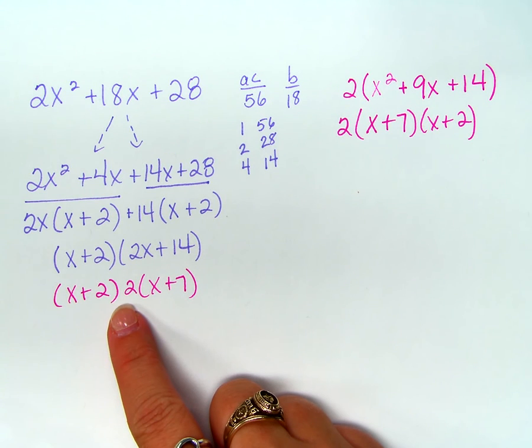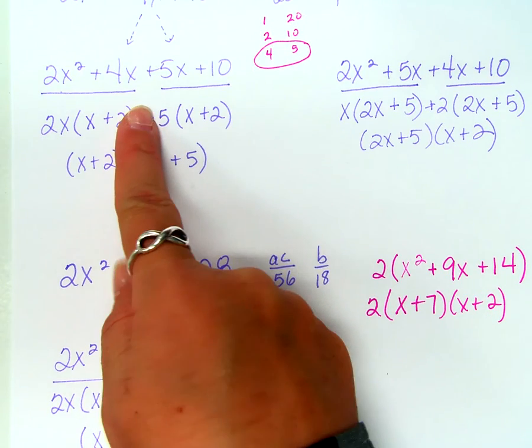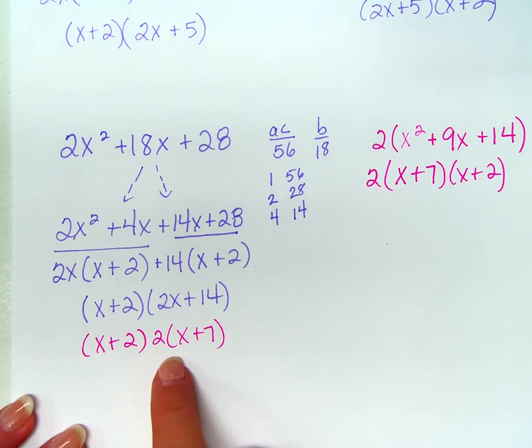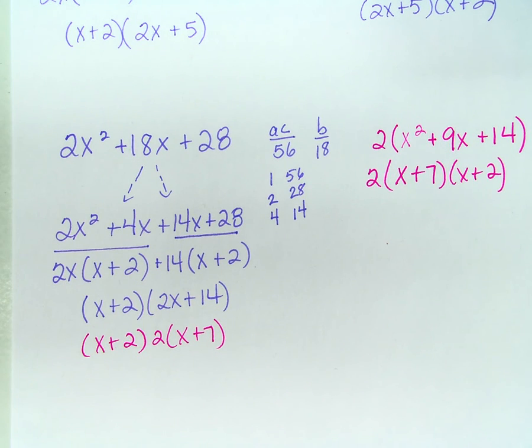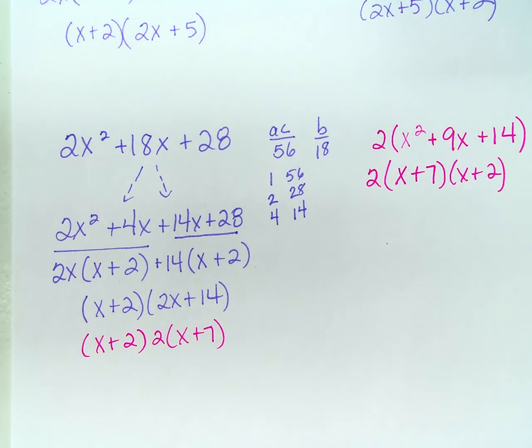It's not wrong this way, and that's definitely not something I would take points off of. But especially when we're factoring out stuff and some people are forgetting to put a sign right there, some people might think that that's suddenly plus 2, and I don't want that to happen. Okay? So I'd rather you write it like this, but again, not going to take points off because those two are the same thing. Okay? Any questions?